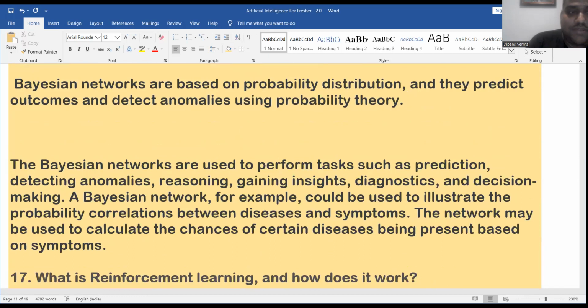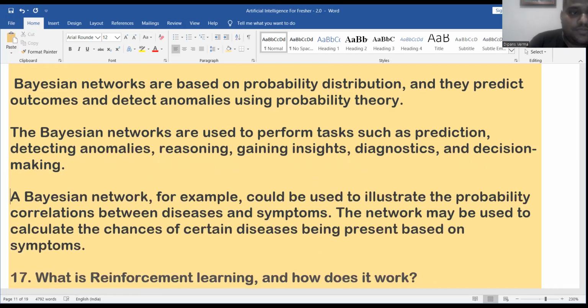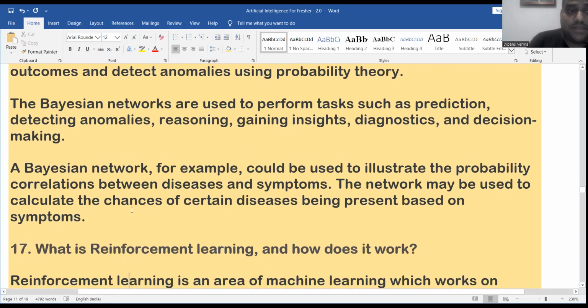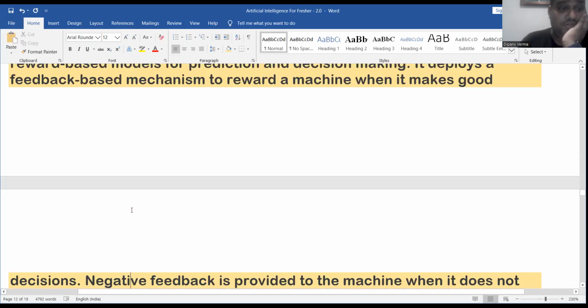Because that is used in Naive Bayes. So it is used to perform tasks like prediction, anomaly detection, reasoning, gaining insight, and decision making. A Bayesian network, for example, could be used to illustrate the probability between disease and symptoms, right? We can find out some correlation. The network may be used to calculate the chances of a certain disease being present based on symptoms.